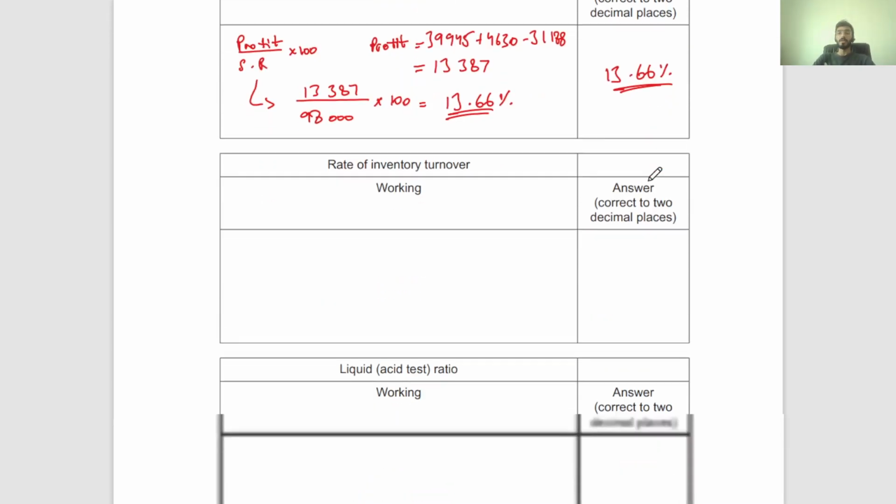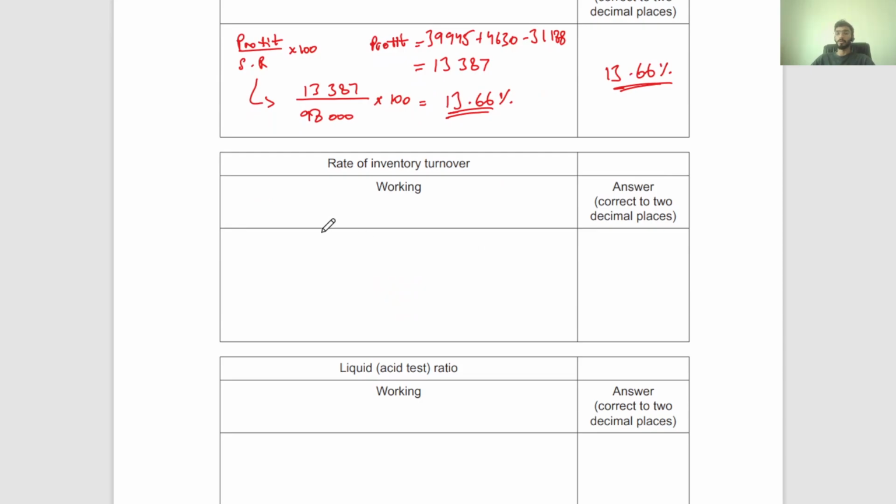Rate of inventory turnover. Do you remember how to calculate that? There are 2 ways. It can be number of days or it can be number of times. Here they haven't clarified, so we will just go with the number of times. Otherwise, they would have mentioned days, weeks, or months.